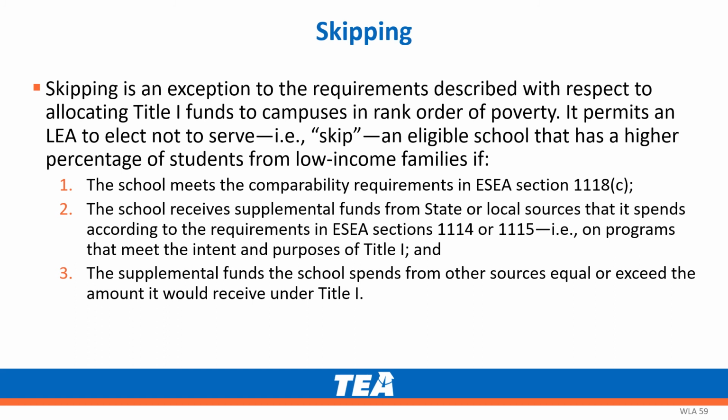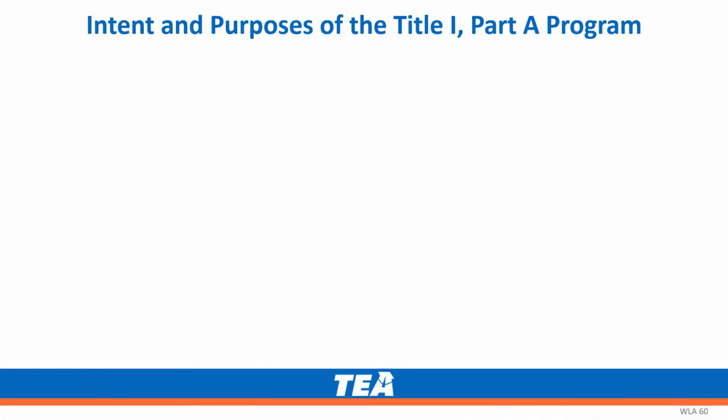It permits an LEA to elect not to serve, for example skip, an eligible school that has a higher percentage of students from low-income families if the school meets the comparability requirements in ESSA Section 1118(c), and the school receives supplemental funds from state or local sources that it spends according to the requirements in ESSA sections 1114 or 1115, for example on programs that meet the intent and purposes of Title I Part A, and the supplemental funds a school spends from other sources equal or exceed the amount it would receive under Title I Part A.